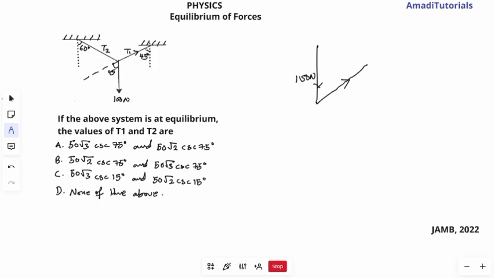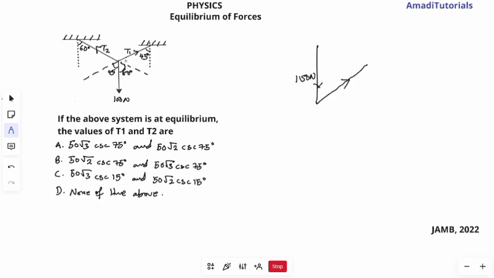Okay, let's just continue. So now T2, T2 acts in this direction. Now how do we fix it on the triangle? Now if you extend its line of action as well, you see here is angle 60.